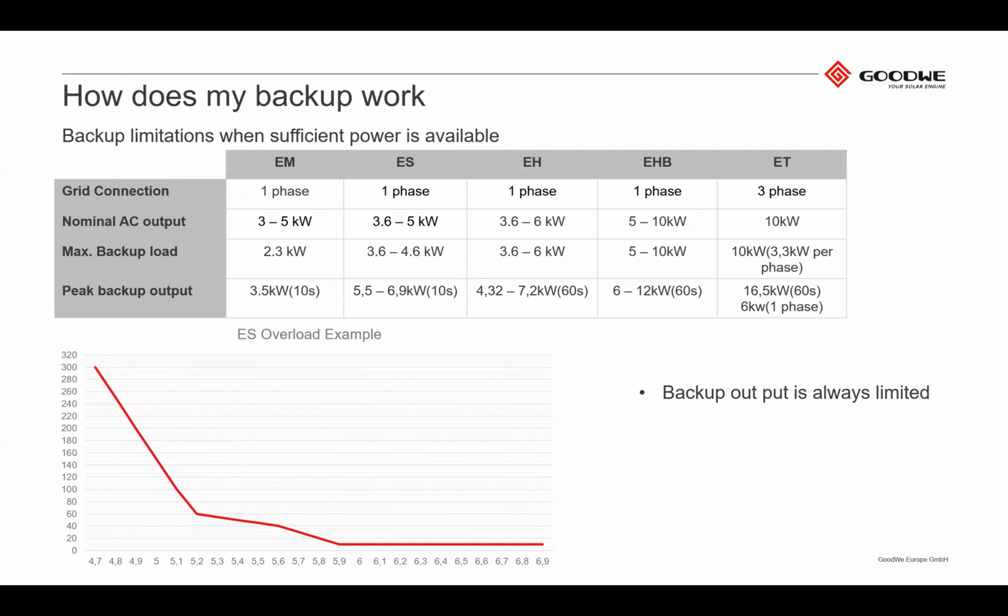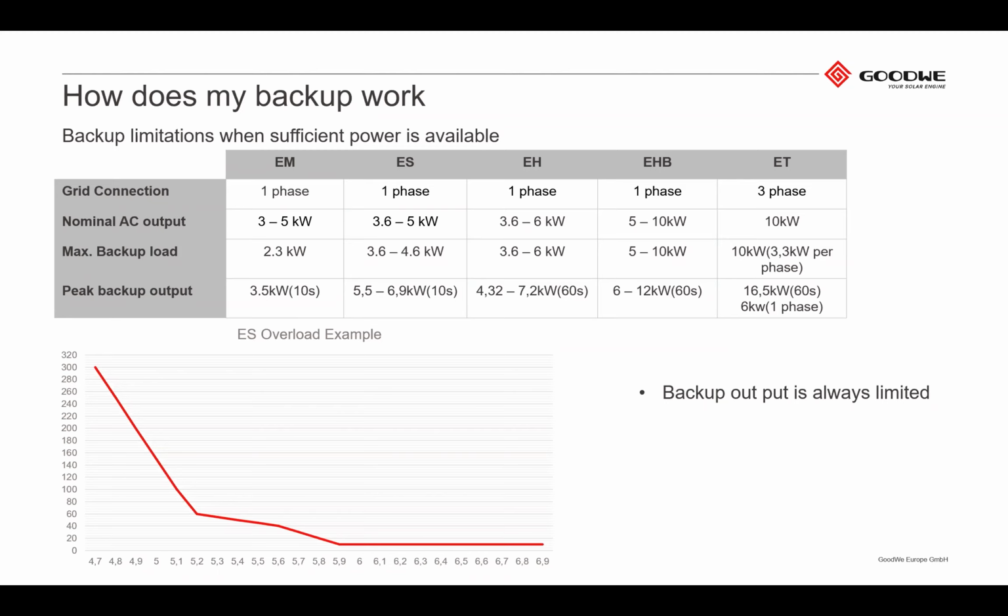Here's just a brief overview of our hybrid devices and their capacities. We do have different size inverters, and based on the size of inverter, there is a difference in the backup capacity. Our EM series only has one backup capacity, although there are different sizes of inverters. The EM is not very popular in South Africa because the backup capacity is quite low. 2.3 kilowatt under backup doesn't allow for much.